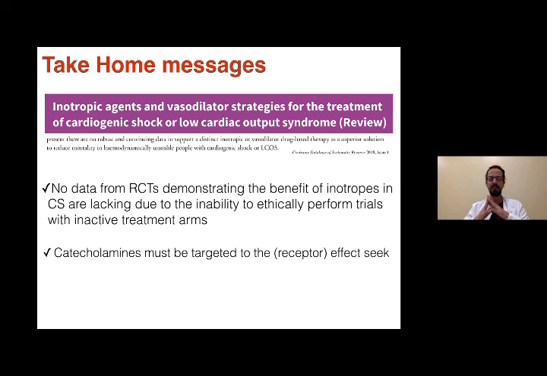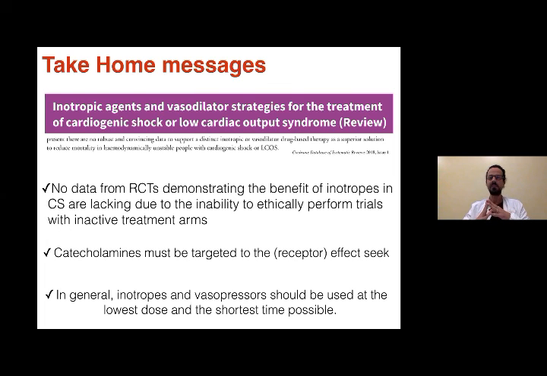Catecholamines, keep in mind, must be targeted to the specific receptor and clinical effect that you are looking for. And in general, coming back to the statement we started with, inotropes and vasopressors should be used at the lowest dose and for the shortest time possible, at least until the evidence says something different.